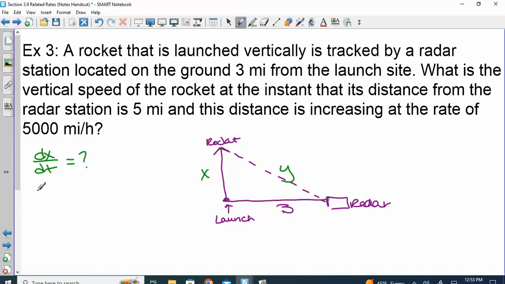So at this particular point in time, y is 5. Again, is y always 5? No, just at this time. And this distance is increasing at a rate of 5,000 miles per hour. So what variable is that? dy/dt. Mm-hmm. Okay. So here's what I've got.